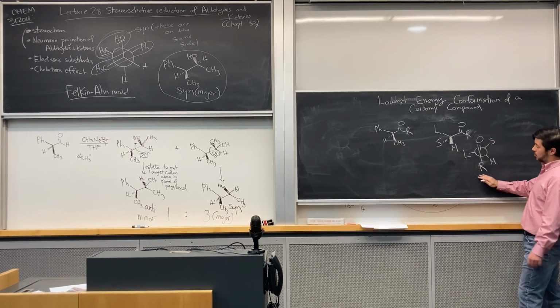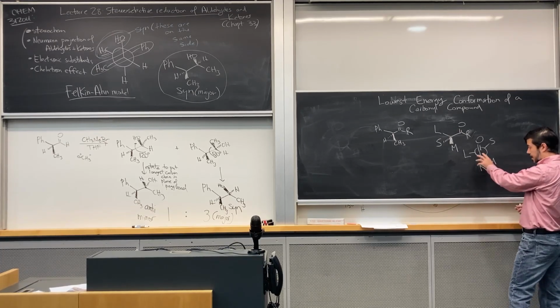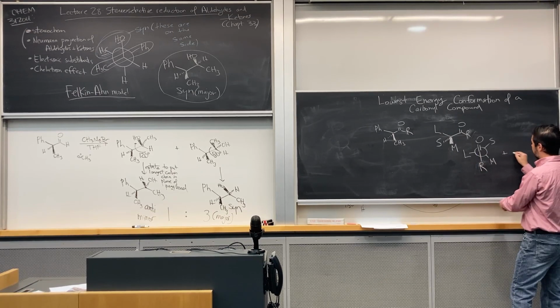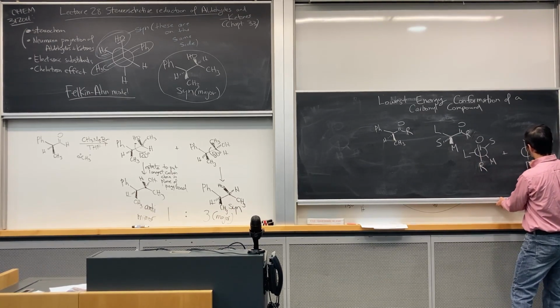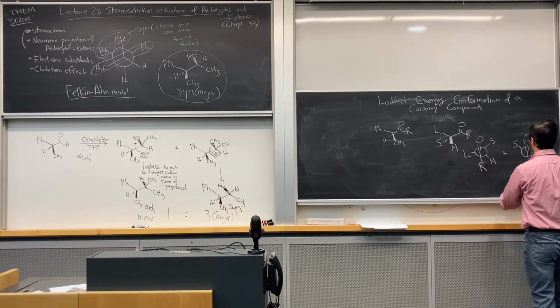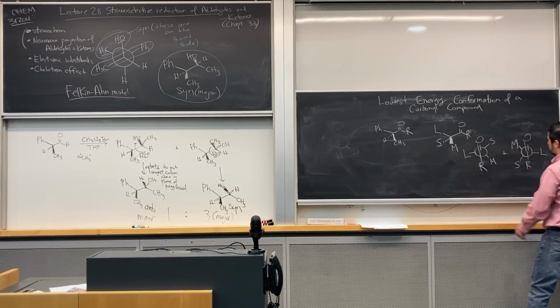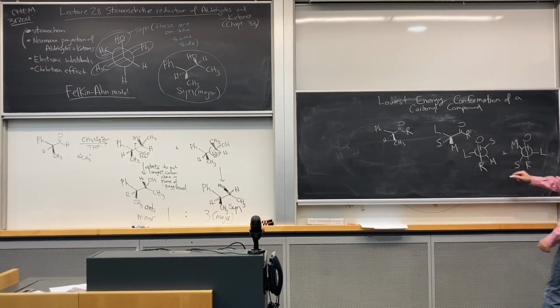So this is one low energy conformer of what it would look like. You'll rotate that 180 degrees, and the other low energy conformer will look like this. Okay, the 2 low energy conformers.